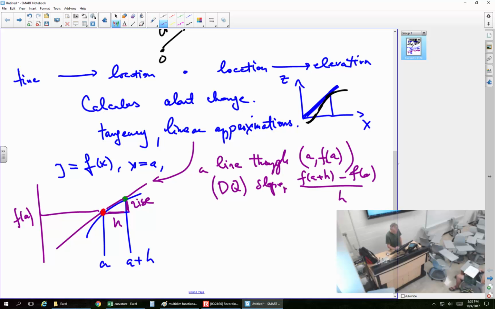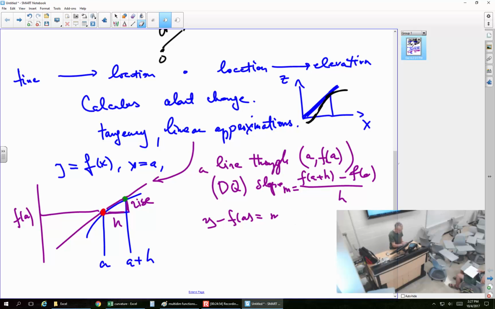If this is m, by point-slope form, it will be y minus f of a is equal to m times h. Hold on a second, where's my x?